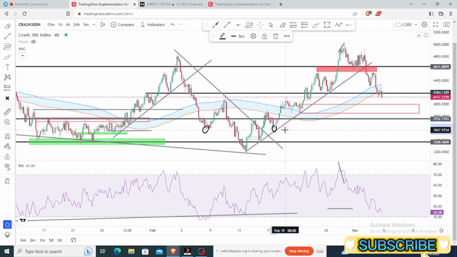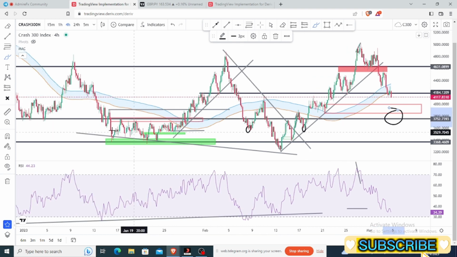There are very good possibilities of price reacting from this area because of this previous head and shoulders in previous times, which aided price to move to the upside even after we had our higher time frame divergence.